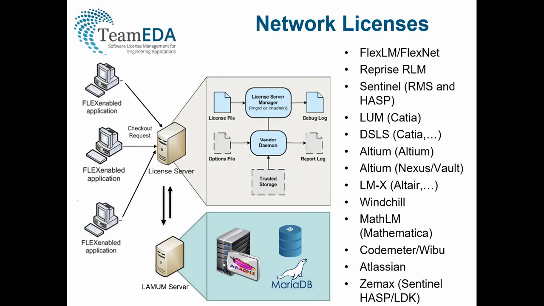How does it work? Well, if you're familiar with the port-at-host style licenses or network licenses, also referred to as floating, you'll have a license server that sits in the middle. You'll have clients that request licenses as and when the application is opened. As part of that license server, something called a license daemon is run that checks whether entitlement is there, so are there enough licenses to be able to hand out.